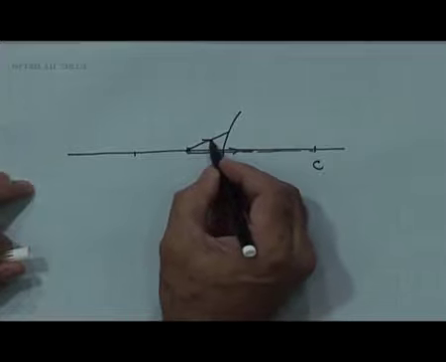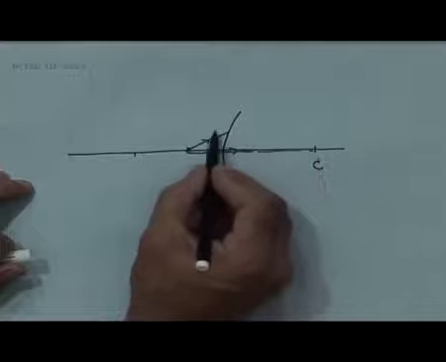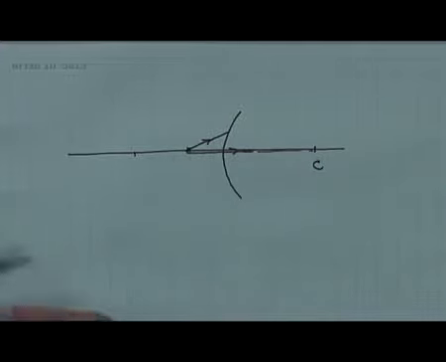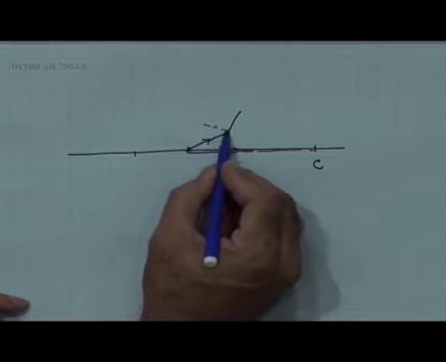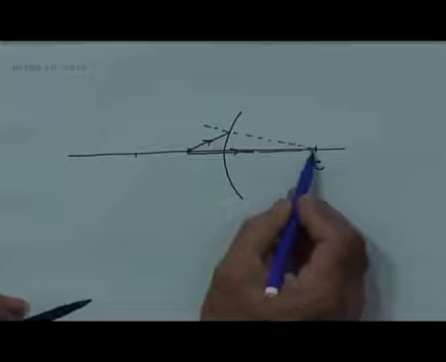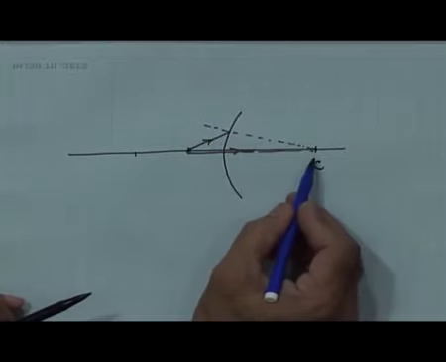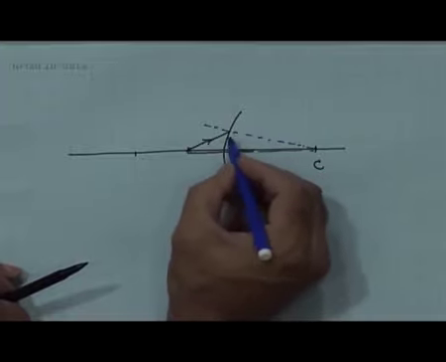The second ray, I am picking any arbitrary ray, like this. If I draw the center of curvature here, so let me use a different color. This is the normal to the surface, which is the line joining the point of incidence to the center of curvature. Then we see that this will of course bend.